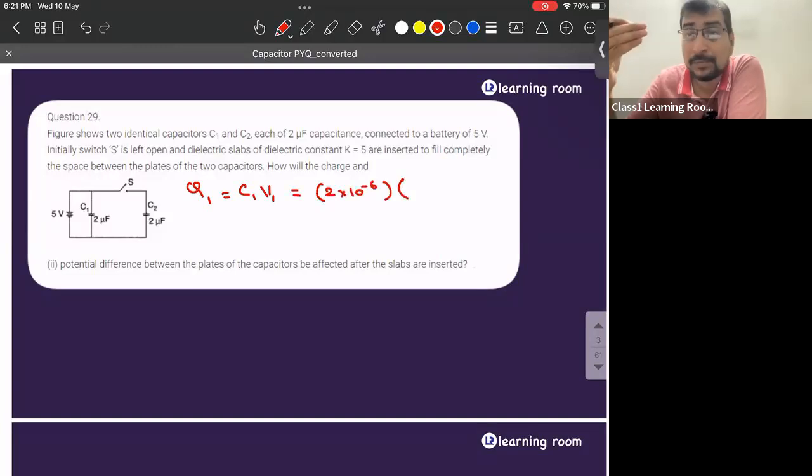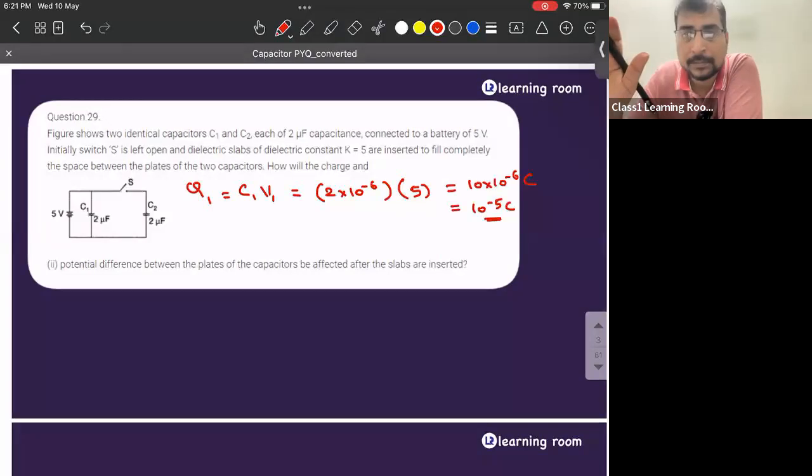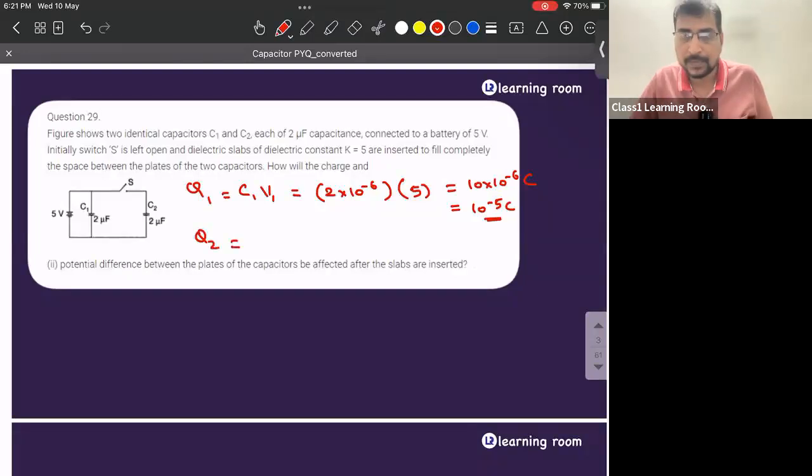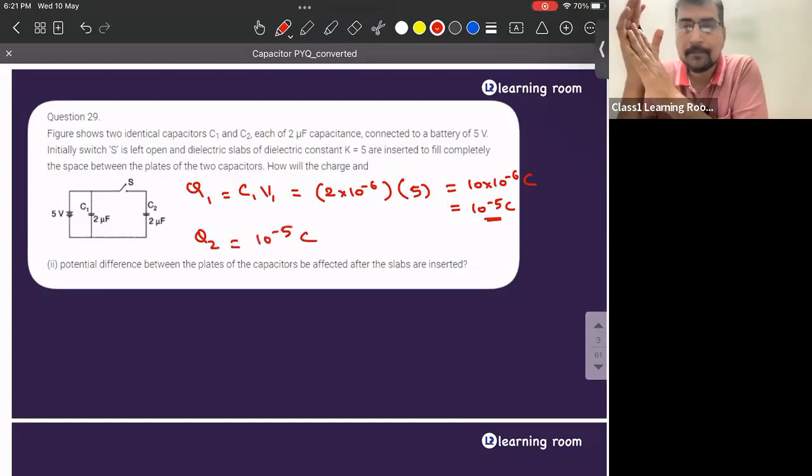It is going to be 5. So answer will be 10 into 10 power minus 6 coulomb, or it is going to be 10 power minus 5 coulomb. Am I clear with this? Yes, sir. So had the switch been closed also, then Q2 would have been 10 power minus 5 coulomb only.